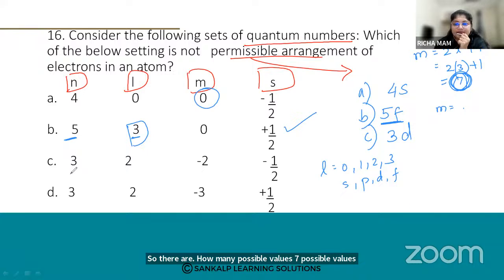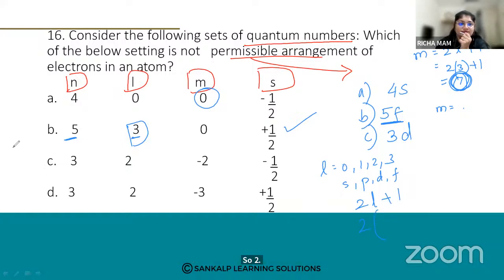Then option number C. Find out here 2L plus 1. L value is 2. So 2 times 2 is 4, plus 1 is 5. So 5 possible values are there. Which are the 5 possible values?